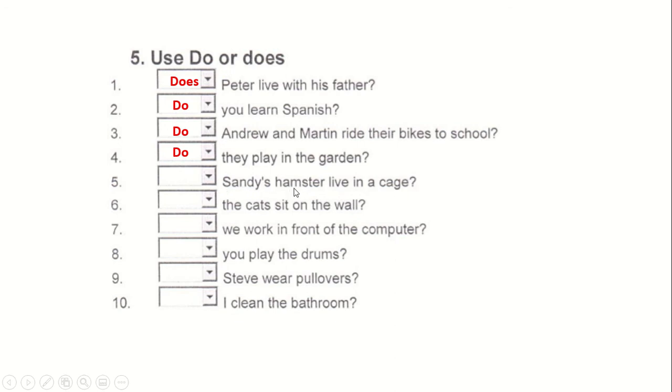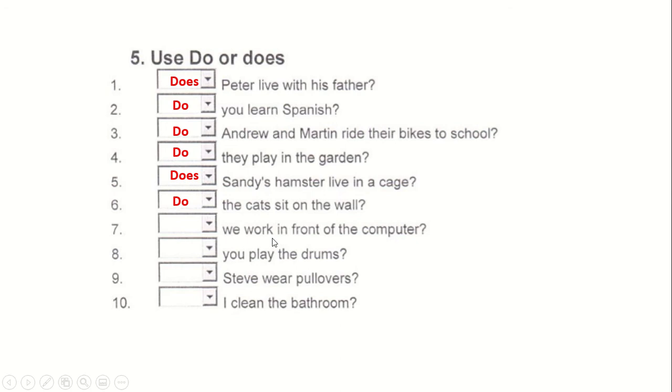We're talking about the hamster, Sandy's hamster. So the hamster, it's singular, so we use, excellent, we use does. Number 6, the cats sit on the wall. What is the subject? Cats, the cats. With the plural we use do.